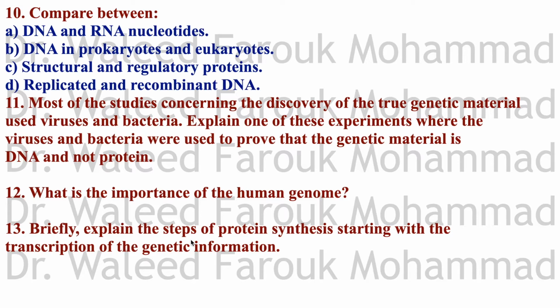Last question: briefly explain the steps of protein synthesis, starting with the transcription of genetic information. Remember the two subunits of the ribosome, when they come together in the presence of mRNA, it adjusts itself to the P site, the peptidyl site.